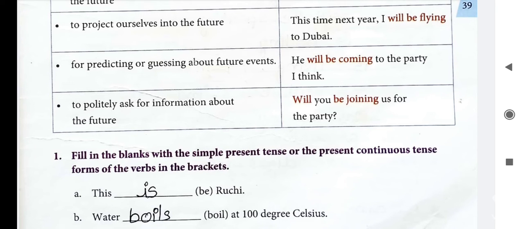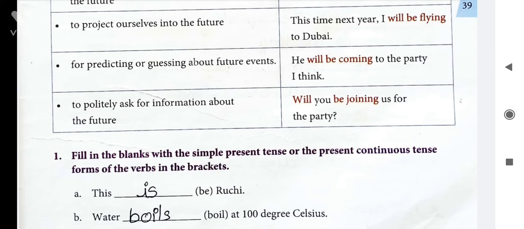The next point is for predicting or guessing about future events. Prediction, anuman. So now you are predicting about future events. For example, he will be coming to the party, I think. You are guessing, you are predicting, you are not sure, but you are just making a prediction, an anuman.